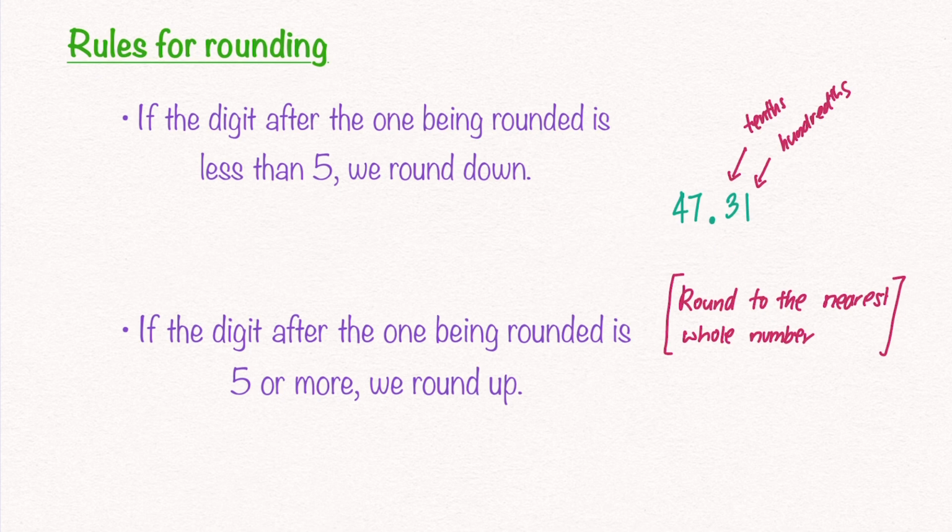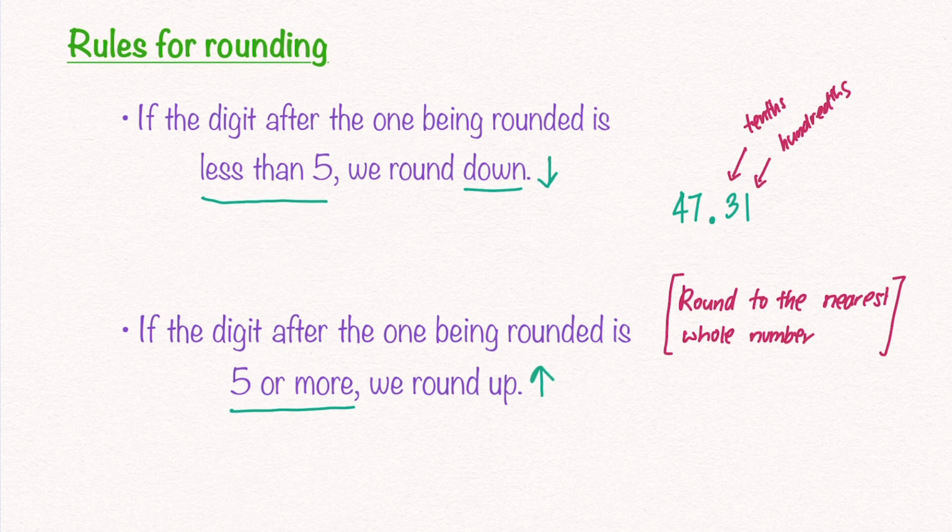So the rule goes, if the digit after the one being rounded is less than 5, then we have to round down. But if the digit after the one being rounded is 5 or more, we need to round up. So here's the rule.